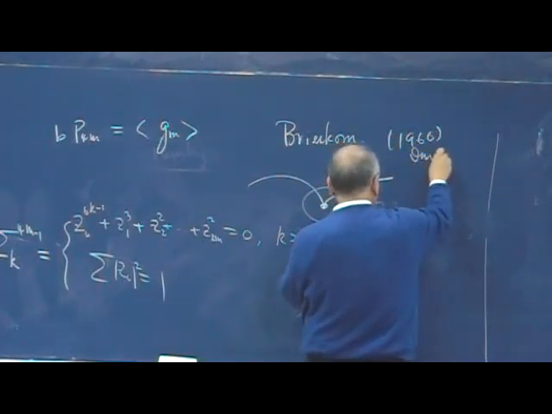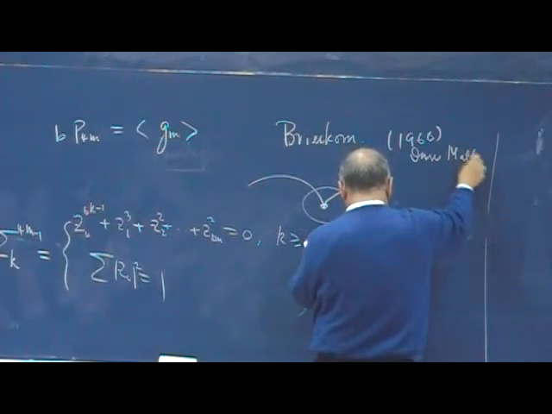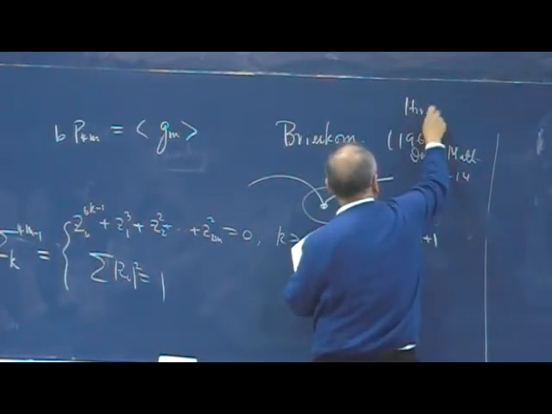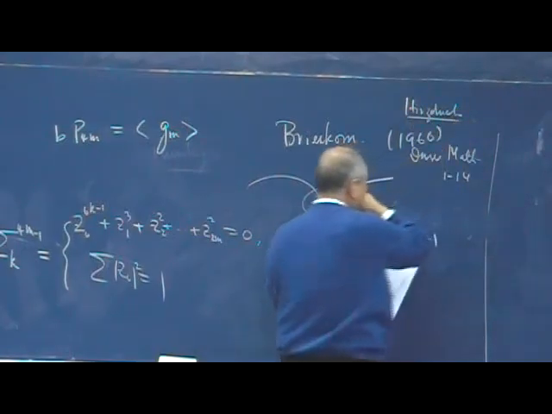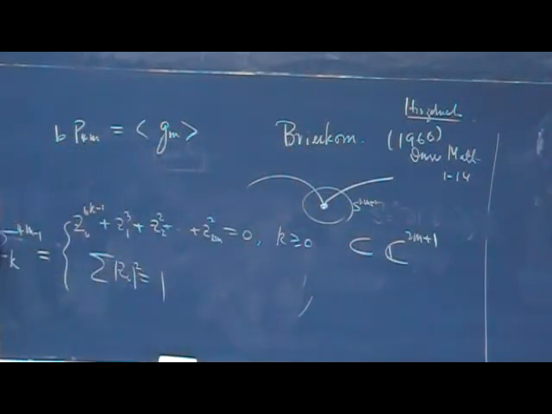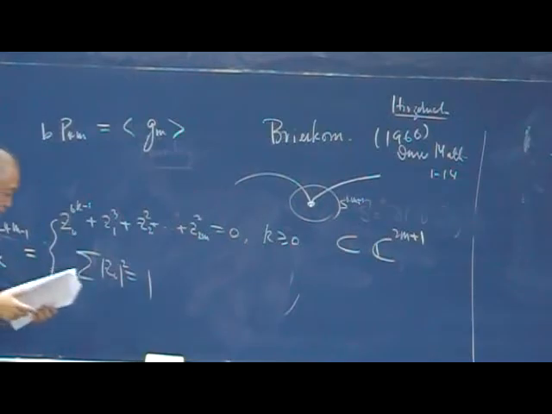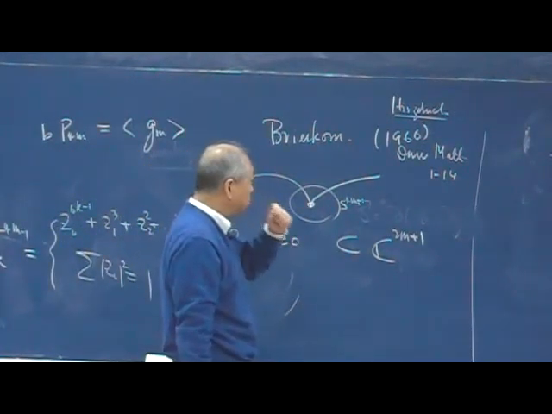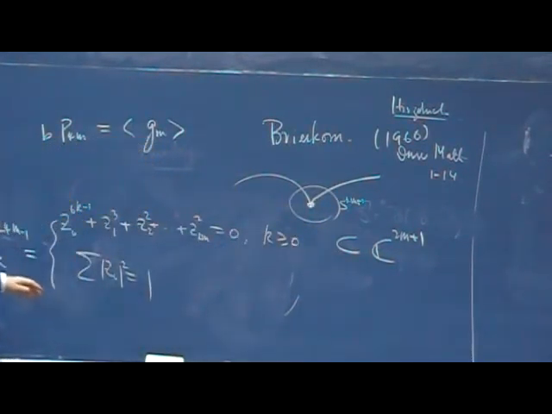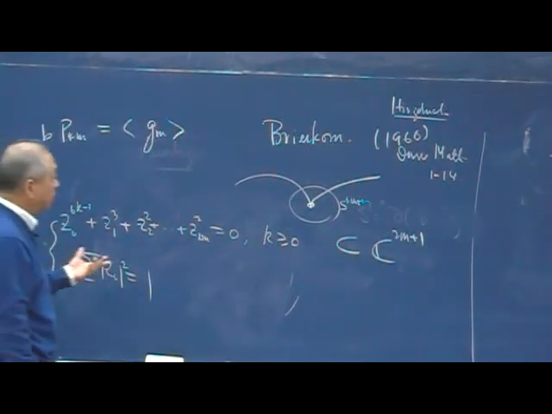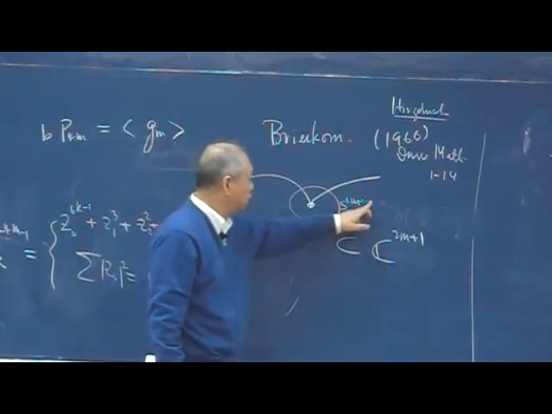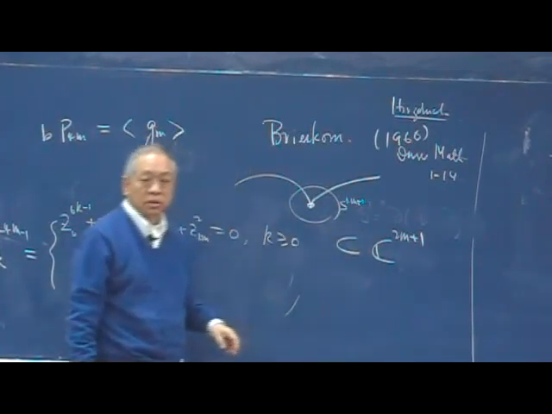So Brieskorn's thesis was written under his book. 1966 is certainly before Milnor's book, which is 1968. Anyway, he proved that this is a homotopy sphere, and the link constructed this way always bounds some parallelizable manifold.